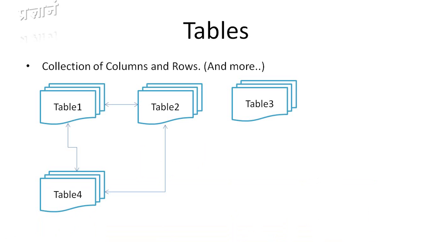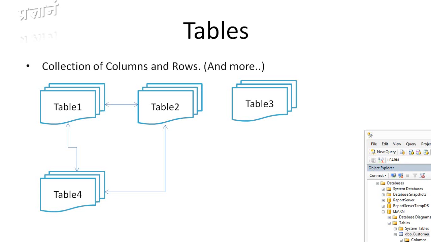We'll keep that topic for some other time, because there is going to be a pretty detailed discussion on that. So just remember for now that the tables also have relationships defined between them in terms of the data they store.